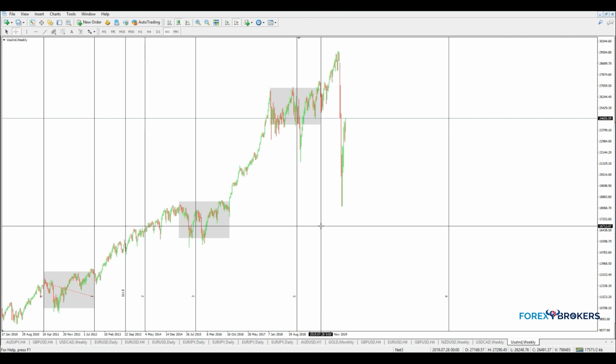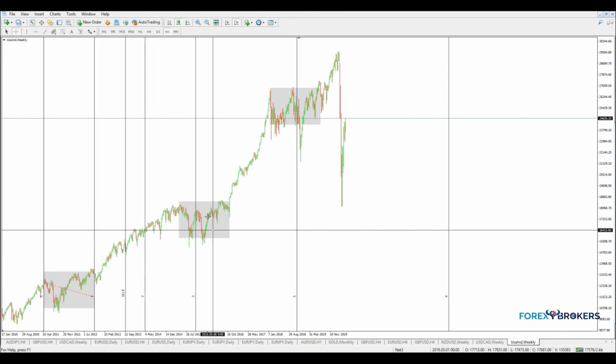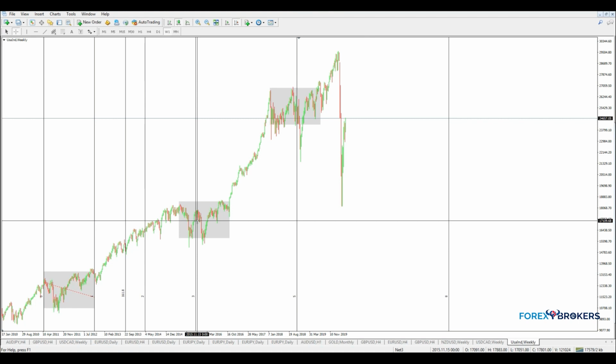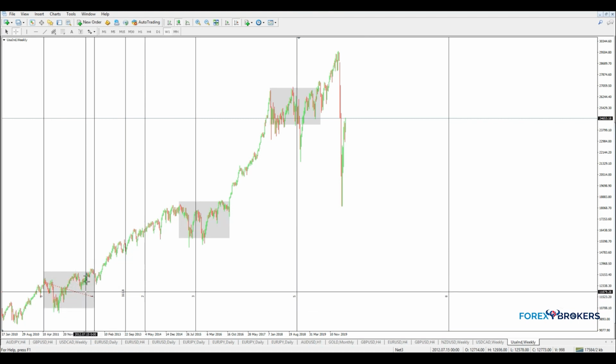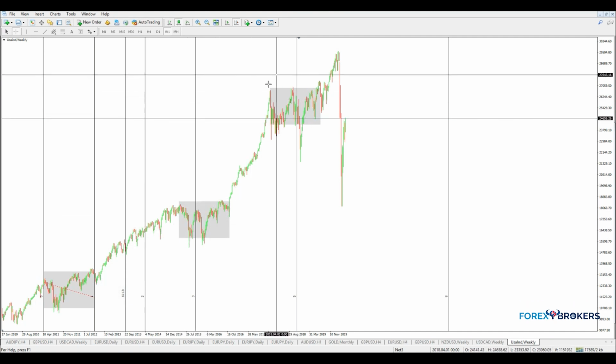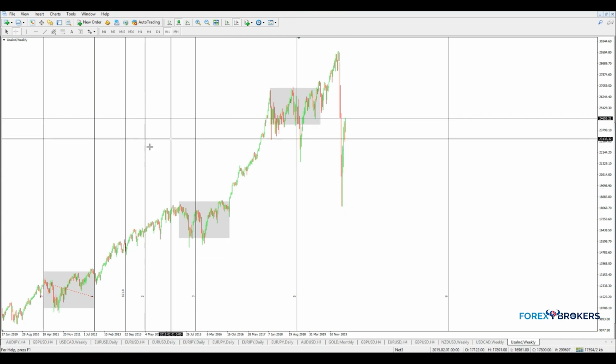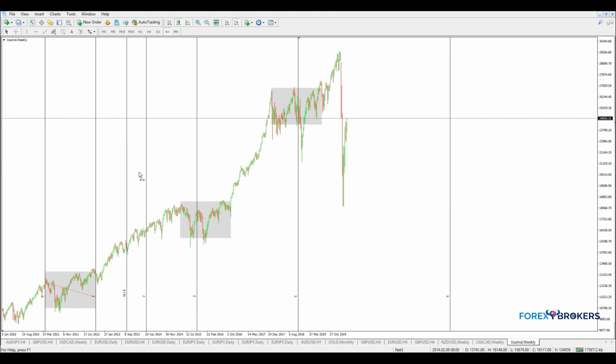So when you see that happen, the Fibonacci time zone allows us to project future corrections or recessions in an economy, if you want. So based on this correction, we can anticipate the next one, and the next one. And if this were all the historical data on the Dow Jones, which it is not, then traders would expect a new recession somewhere around the next Fibonacci time zone.